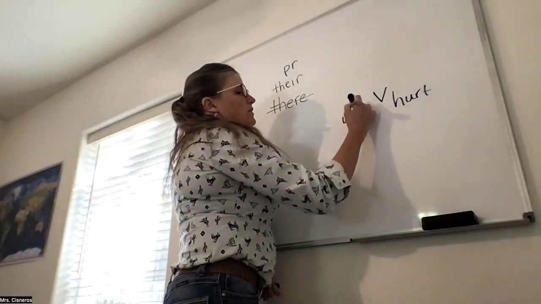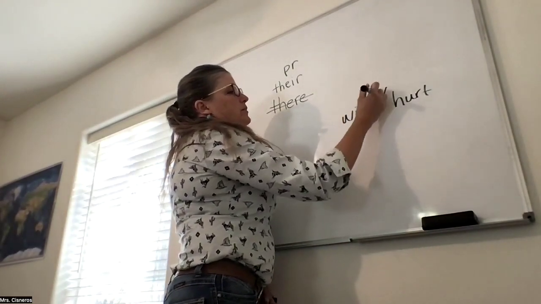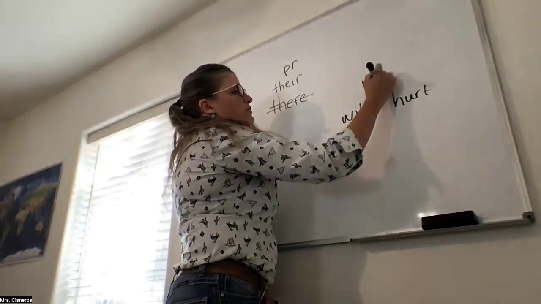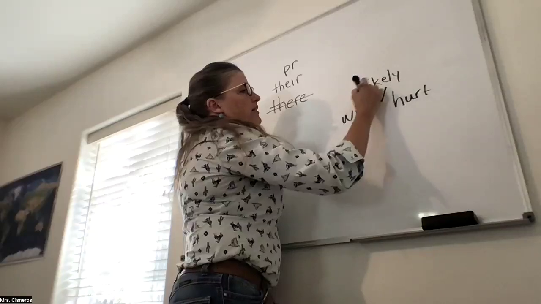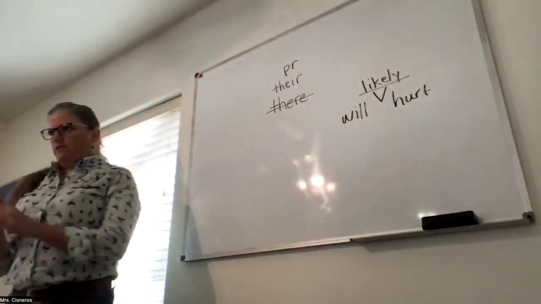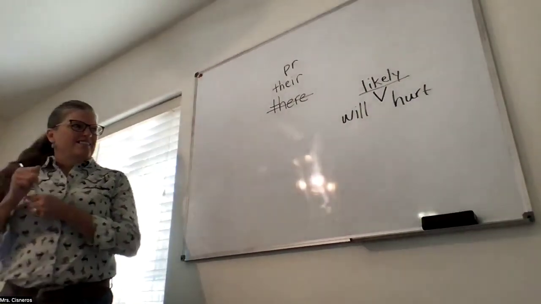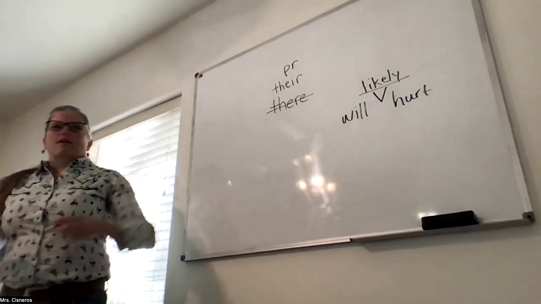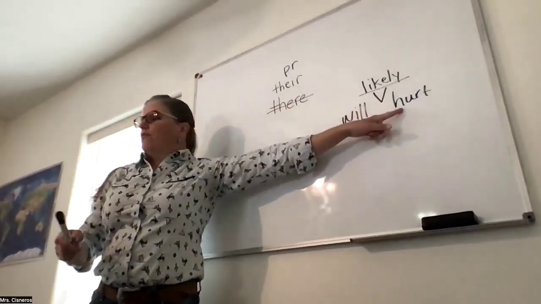Oh, I think I did. So you have will and hurt. So put a little caret. This is a caret symbol. It looks like a V. And then I want you to squeeze in that word likely on the line above it and underline it. Does that make sense? If you don't have the word likely, this is a good spot to put it right before hurt.